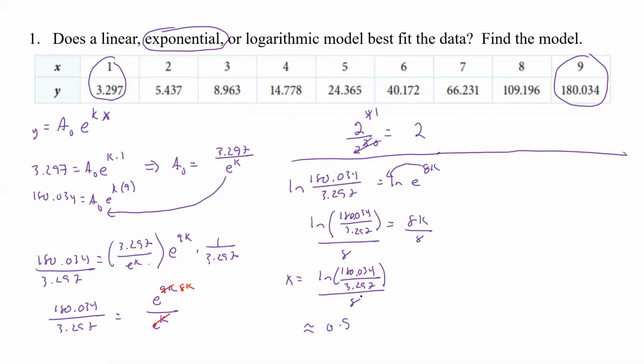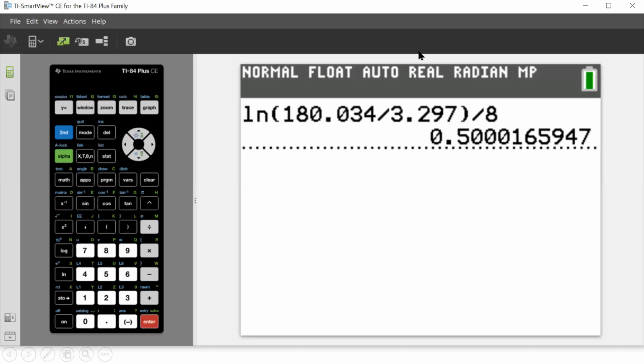Now, what can I do with that k equals 0.5? Well, if I look up here, I need to solve for a naught too. So if I plug that in here, a naught is equal to 3.297 over e to the 0.5. Well, guess what? That is a number over a number, so I can find that one too. So let's simplify and figure out what that is equal to.